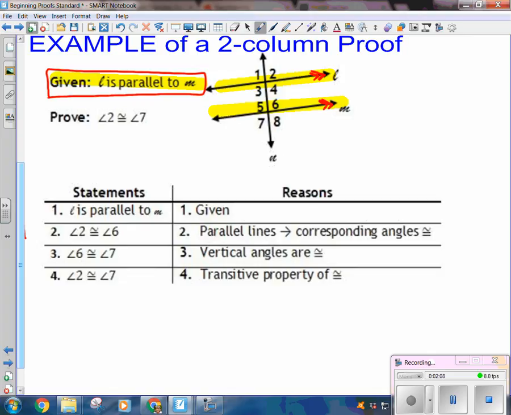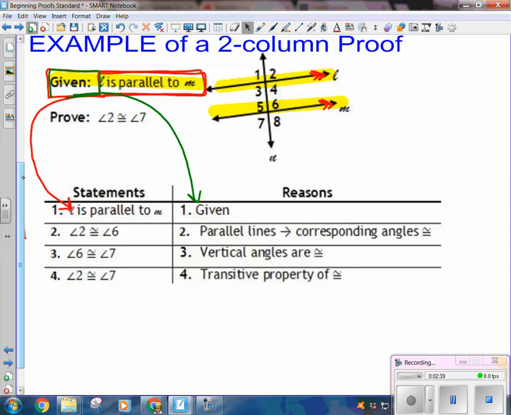I want you to notice that the statement of the given information is actually recopied into the first line, the first statement, and it simply repeats, L is parallel to M. Now, when you organize it into a two-column proof, you actually have to state the reason why you know that. Well, the reason why I know that is because, hey, they gave it to me, okay? So my reason number 1 will be given. So you're always going to start with the given, okay? That's going to be my first line.